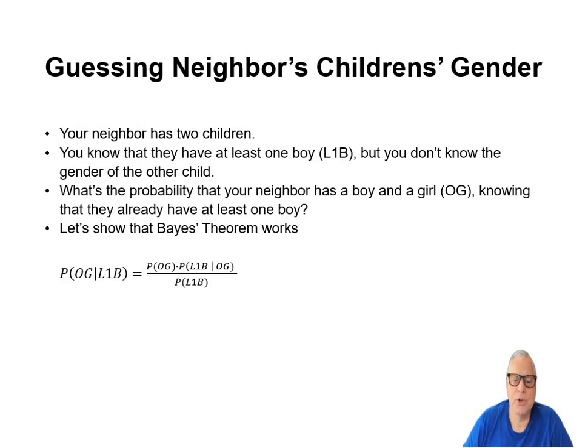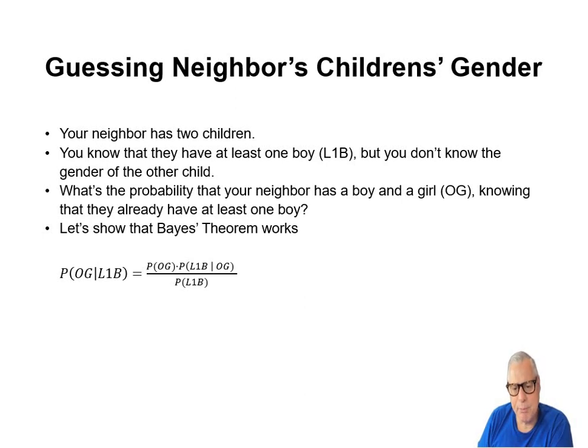And what you want to know is what's the probability that your neighbor has a boy and a girl, knowing that they already have at least one boy. So that is not 50-50. Because the question is not what's the probability that your neighbor has a boy and a girl, but what's the probability that, given that they have at least one boy, the other one is a girl.